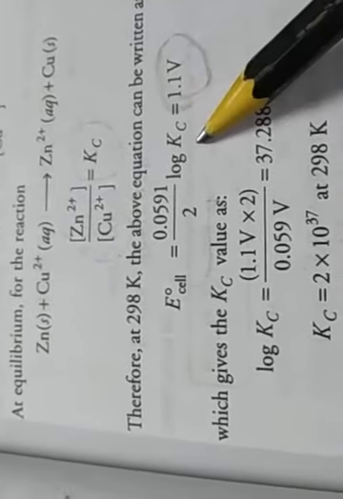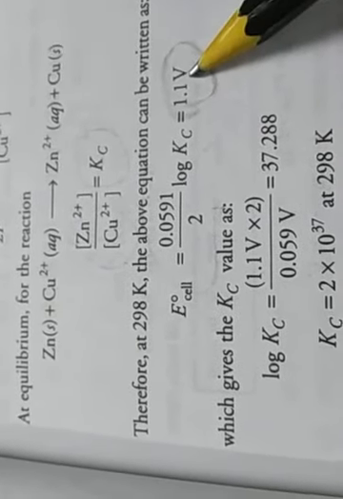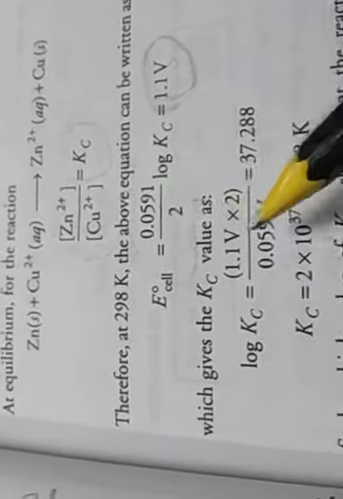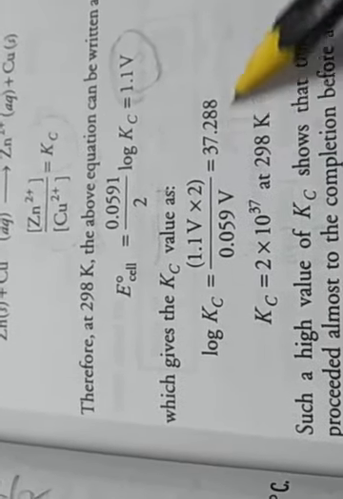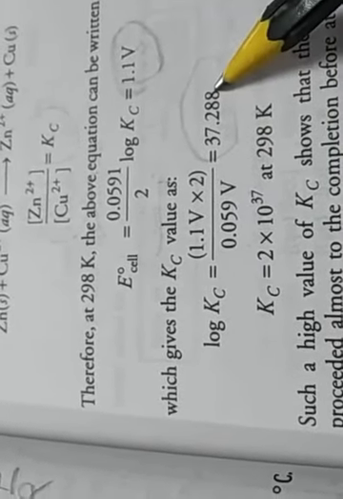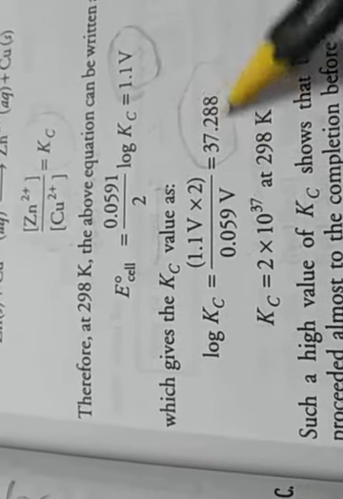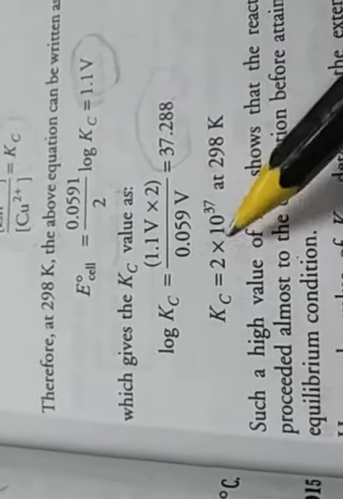So log Kc is equal to 1.1 volt multiplied by 2 divided by 0.059, so 37.288.